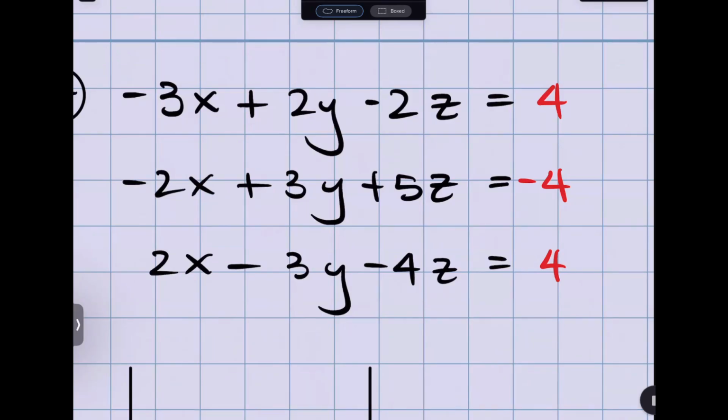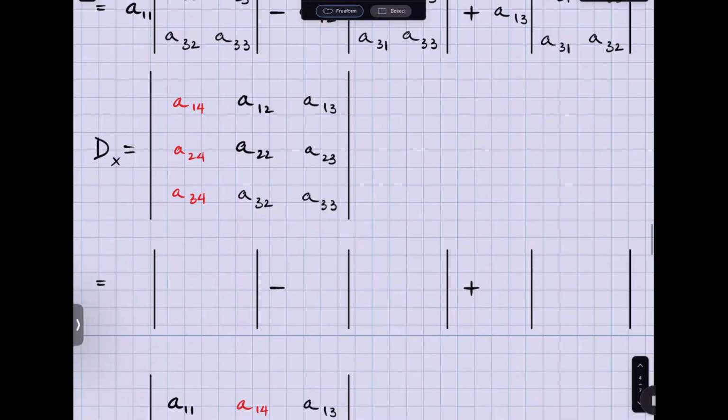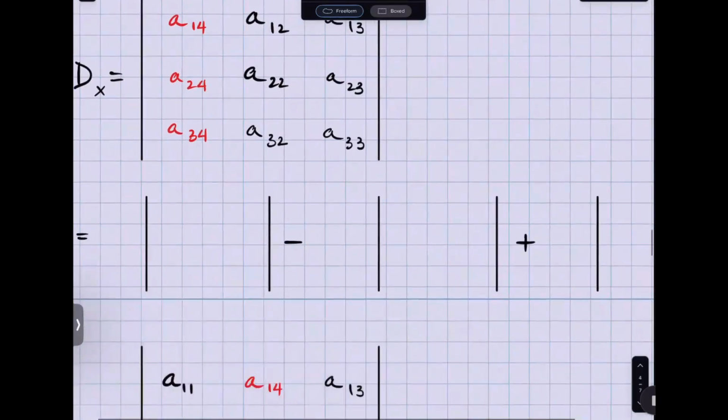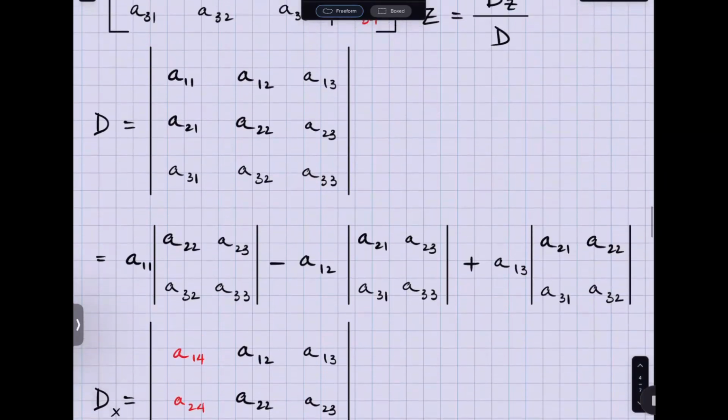So all I want you guys to do is to write out your d, your dx, your dy, your dz, and give me your three determinants, three mini determinants, the 2 by 2s. So I want you to write this and then write your three mini ones, just so that it looks something like this right here, but with numbers.